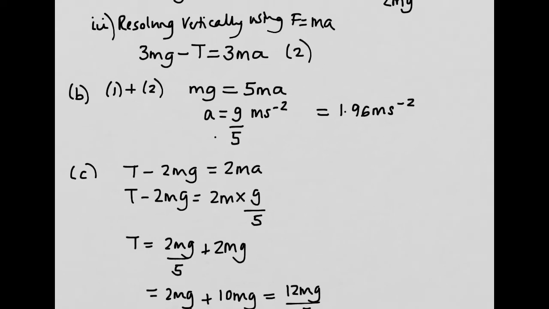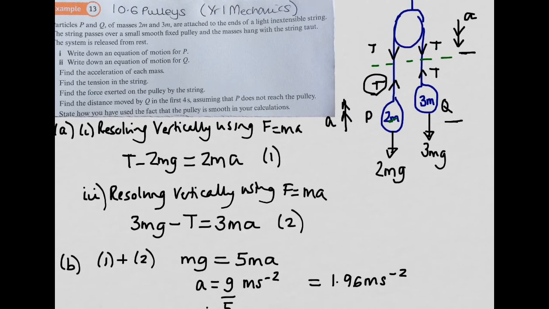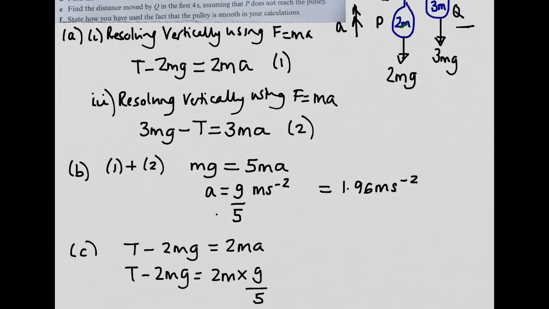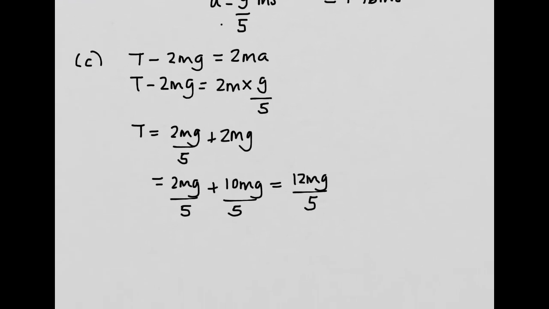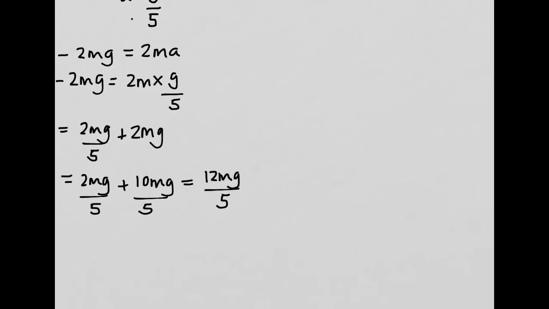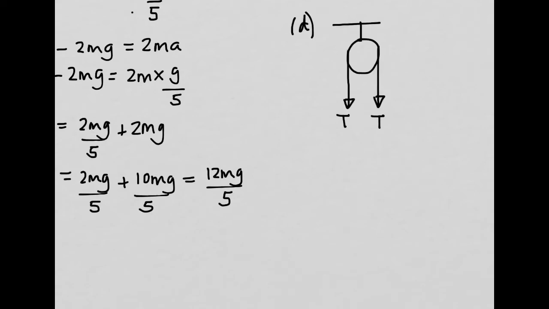So part D. Let's go back up and look at what part D wants us to do. Part D wants us to find the force exerted on the pulley by the string. To do this, I'm going to need to start by drawing myself another diagram. This is my new diagram for D, and what you'll notice is I've just focused on looking at the pulley.